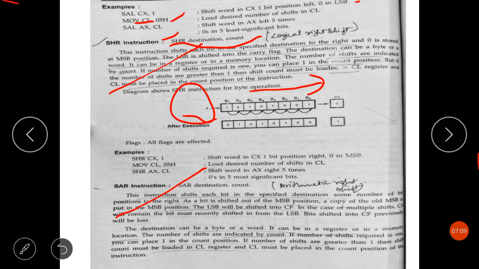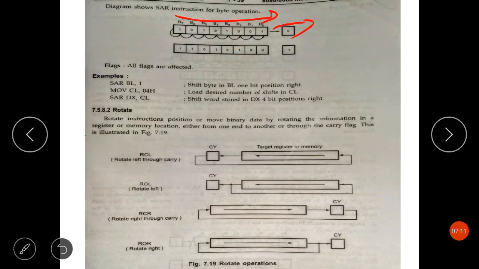In case of multiple shifts, what will happen? In case of one shift, we mention the count 1 in place of count, and if the shifts required are more than 1, we store that count in the CL register and mention the CL register in the instruction, that is SAR DX, CL. You can write any register here.